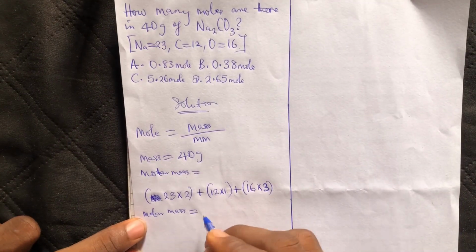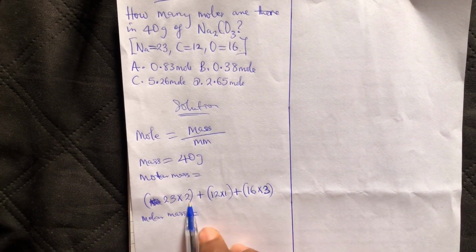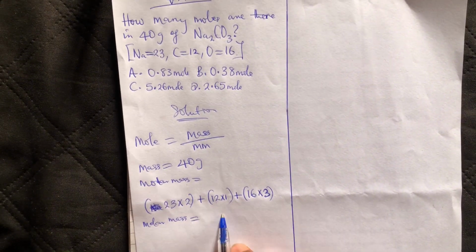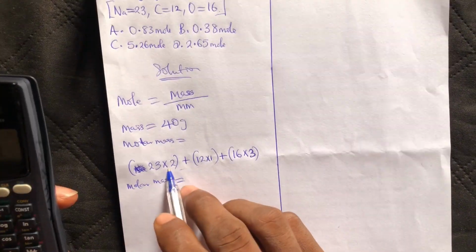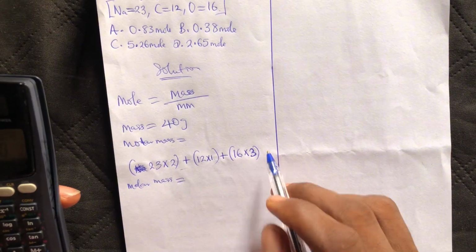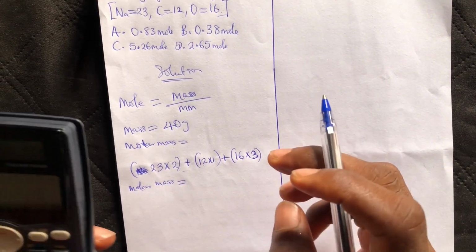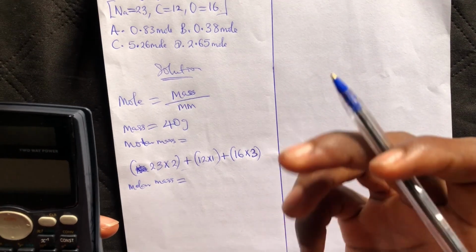is equal to what? Now you're going to calculate all these numbers and add them together. That will give us our molar mass so that we can get our mole, all right? 23 times 2 plus 12 times 1 plus 16 times 3 will give you what? You can use your calculator so that you can follow along as we are doing this, all right?